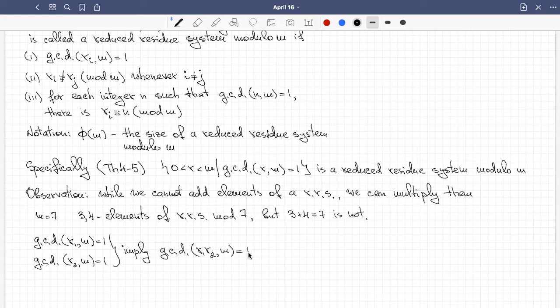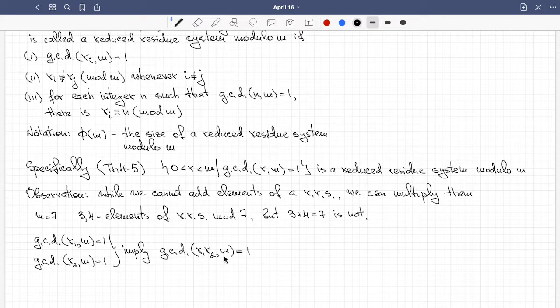Indeed, that's a very easy application of the fundamental theorem of arithmetic. R1 shares no prime factors with m, same about R2, therefore same about their product. Every prime factor in the product is a prime factor of either R1 or R2. So there are no prime factors in common between this product and m.